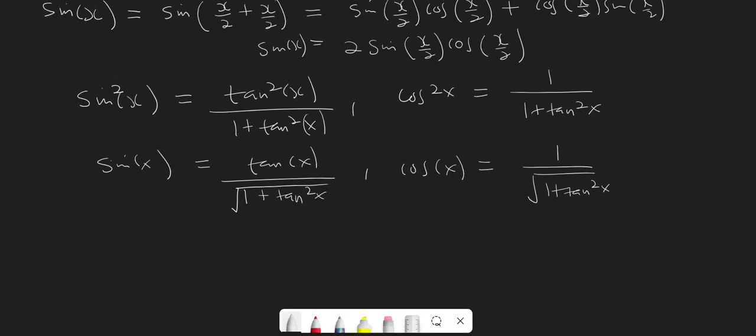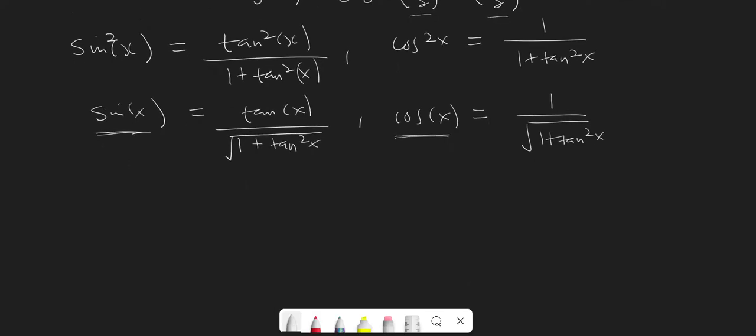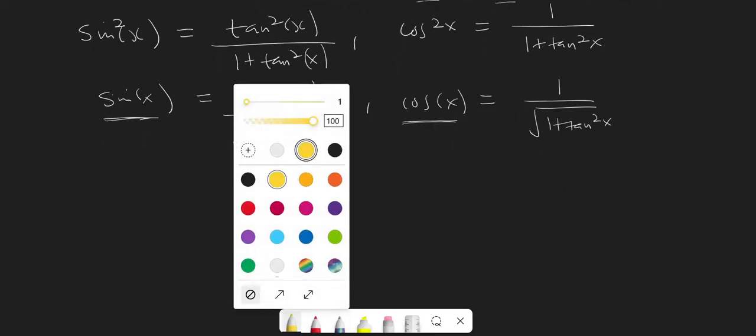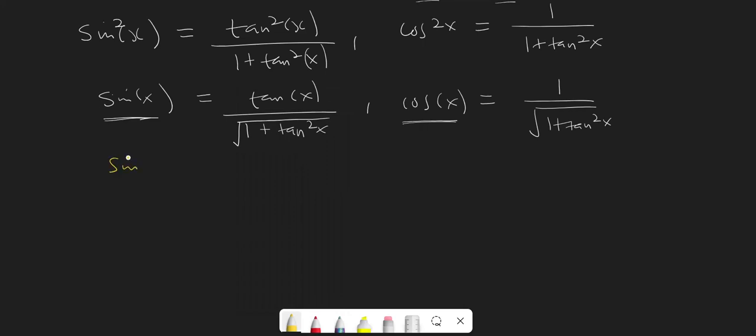But we don't need sine x and cosine x. We need sine of x over 2 and cosine of x over 2. But now we only have sine x and cosine x. You can just fix that by replacing x with x over 2. So if we have this as our proof from the previous video, then sine x over 2 is tan of x over 2 all over the square root of 1 plus tan squared of x over 2.